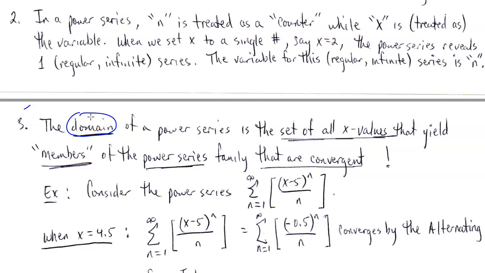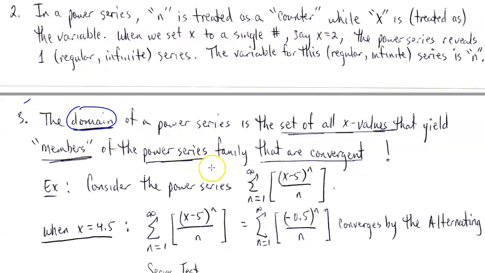Okay, in terms of functions, what that meant was we have an x value that's a real number, we plug it into a function, we get out a real number. Okay. In terms of power series, domain is x values that we plug into the power series, and it yields for us an infinite series that actually converges, meaning that if we add up all the numbers in that separate series, whenever we plug in a particular x value that's in the domain, it will add up to be approaching some number. Okay.